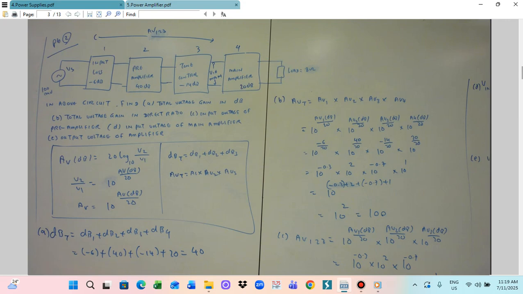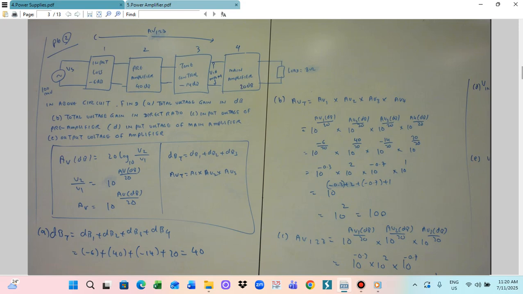In the meantime, we also have to calculate the voltage gain as a ratio. So this is the answer for the total gain in dB: dB total is dB1 plus dB2 plus dB3 plus dB4, the total decibel gain.